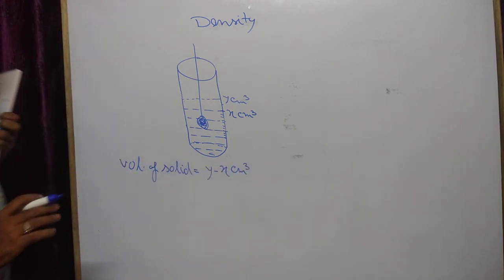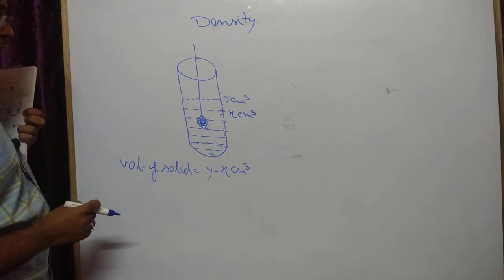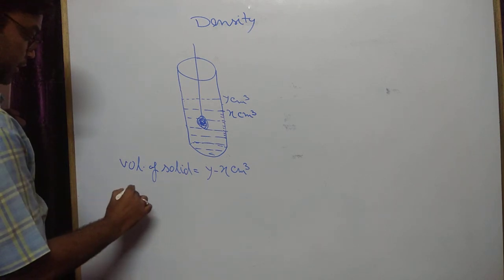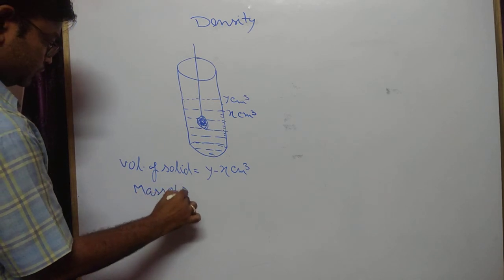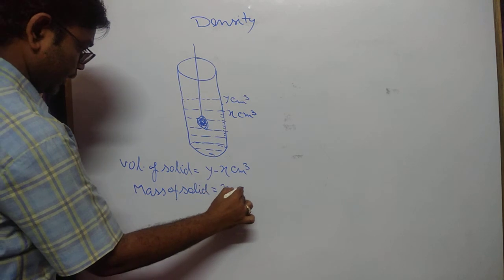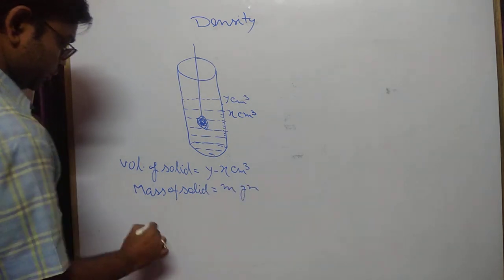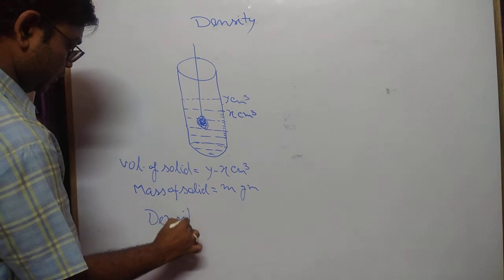That is clear. We take out the body and find the mass. So we can easily find the mass of the solid, equal to m gram. From this we can easily find the density by using the formula of density.